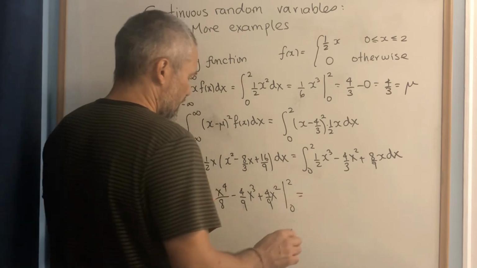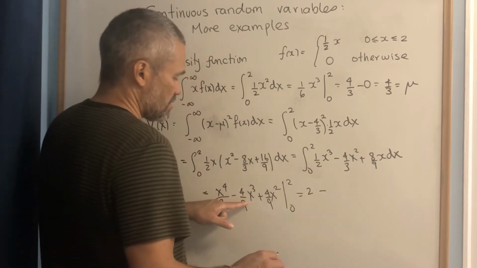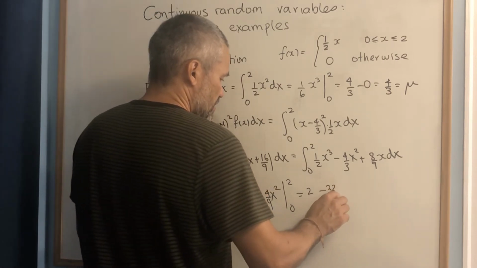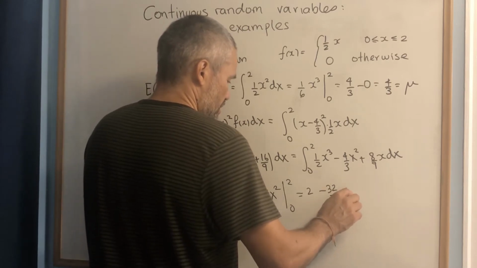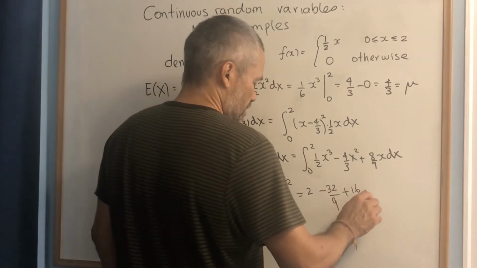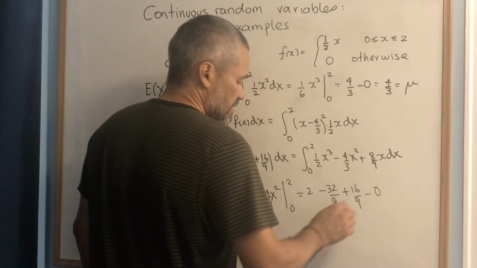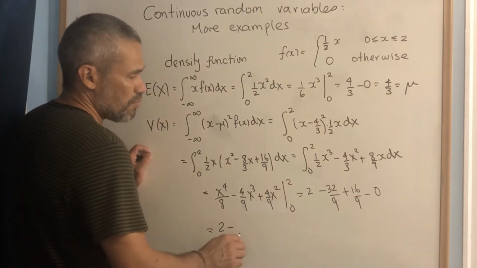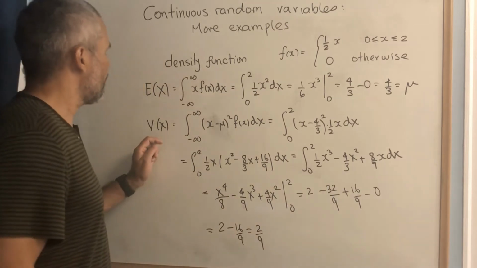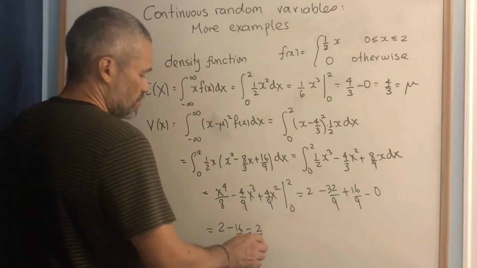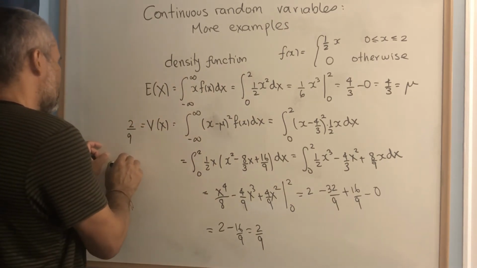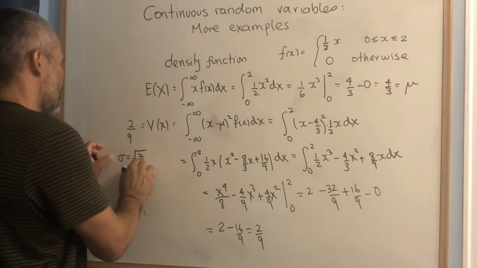Then this is 16/8, which is just 2, minus 2 to the 3 is 8, 8 times 4 is 32/9, plus 2 squared is 4 times 4/9 is 16/9, minus 0. And this is 2 minus 16/9, which is just 2 over 9. Then the variance is 2 over 9, and the standard deviation is the square root of 2 over 9.